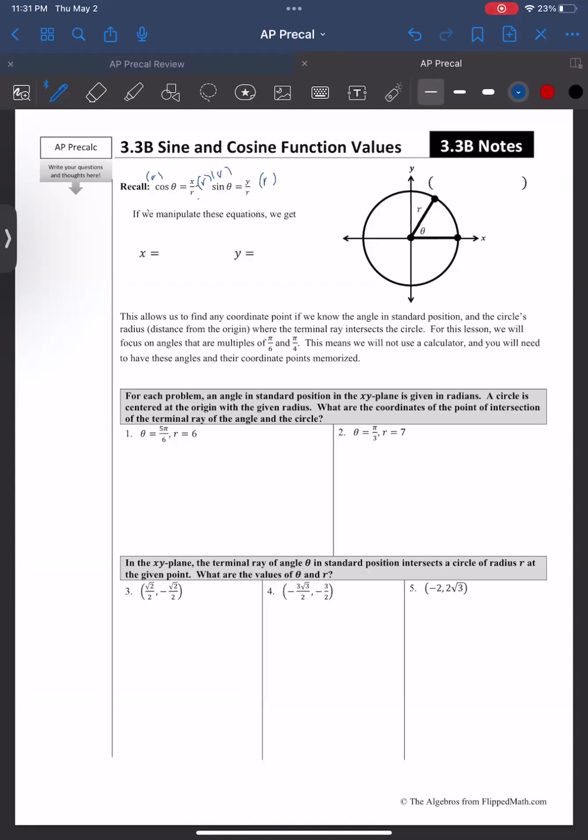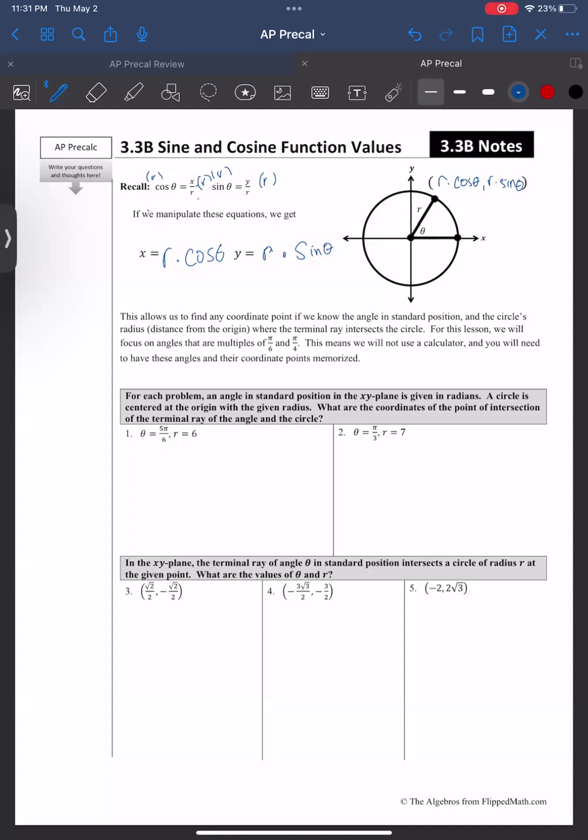And that gives me that x equals the radius times cosine theta, and y equals the radius times sine theta. So that's what's going to be written up here: r times cosine theta, comma, r times sine of theta.